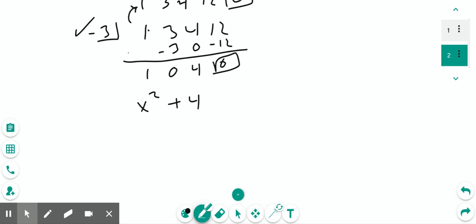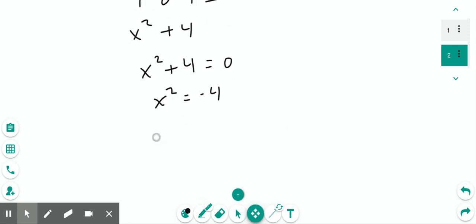Well, in this case, we know x squared plus 4 equals 0. Well, x squared is going to be -4.